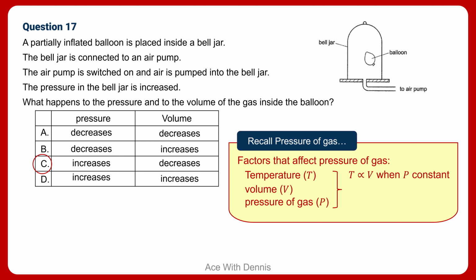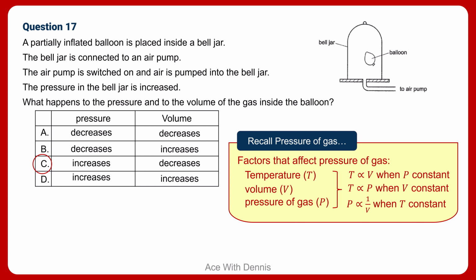The temperature T is directly proportional to the volume V when the pressure P is constant. The temperature and the pressure are proportional to each other when the V is constant, and the pressure is inversely proportional to the volume when T is constant.